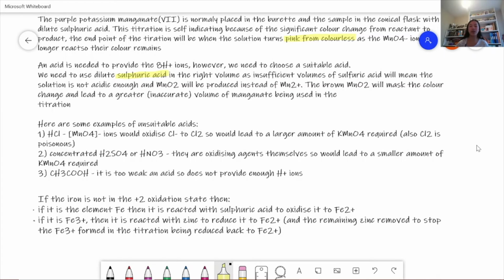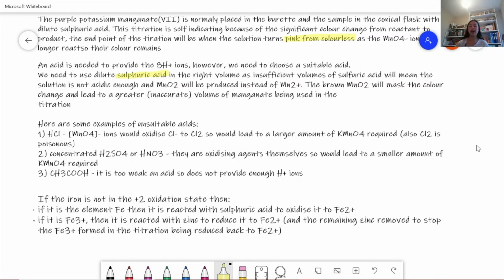And the last point is that if the ion is not in the +2 oxidation state, then we need to turn it into a +2. So if it is the element Fe, which has an oxidation number of 0 because it's just the element, then it's reacted with sulfuric acid to oxidize it to Fe2+, and then we can use it in the titration.